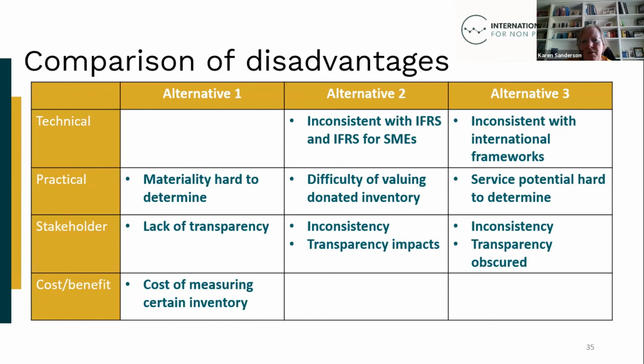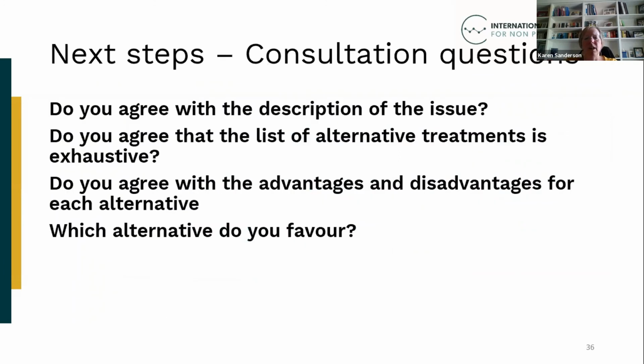As with issue paper 3, we have a list of questions in the consultation paper. For this particular issue paper, these are the standard questions that we're asking, which is about making sure that we've understood the issue and getting feedback about the alternatives being proposed. As with the previous one, we would like to get your feedback through a poll.